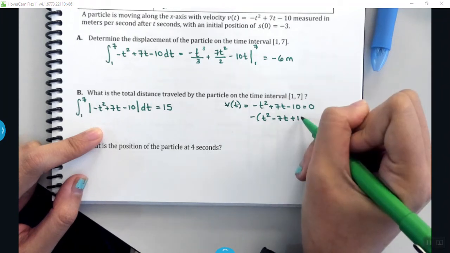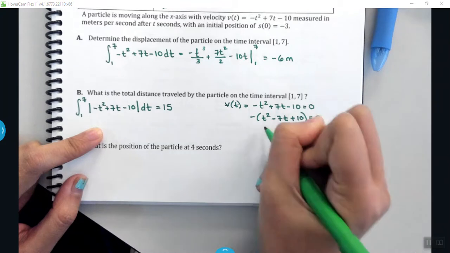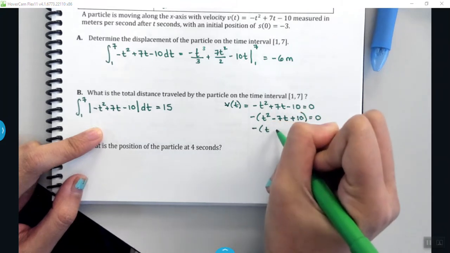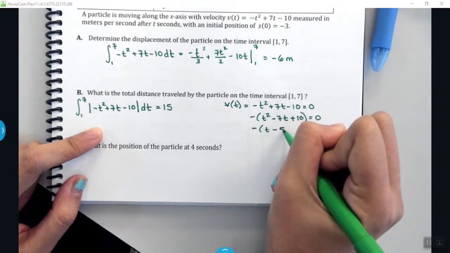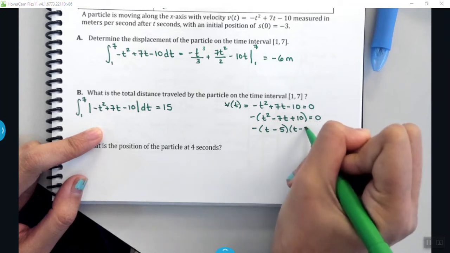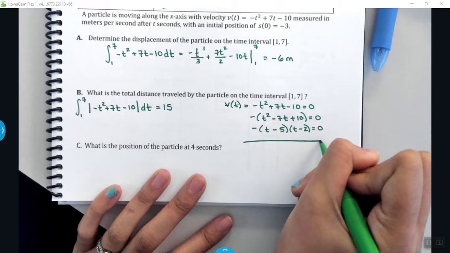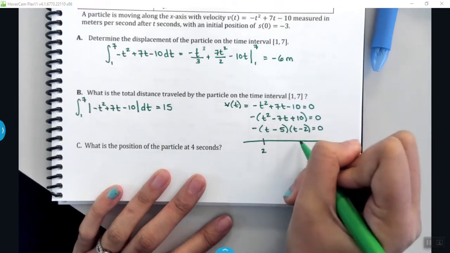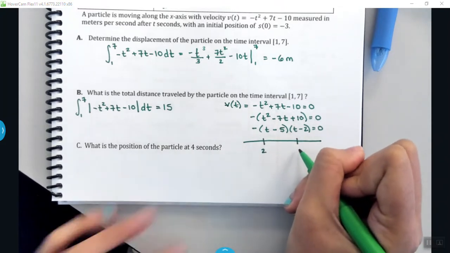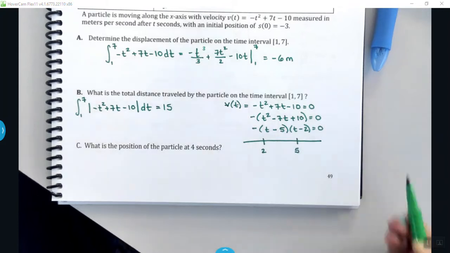Did I do that right? Yeah. And then we get t minus 5, t minus 2, right? We do a number line at 2 and 5.